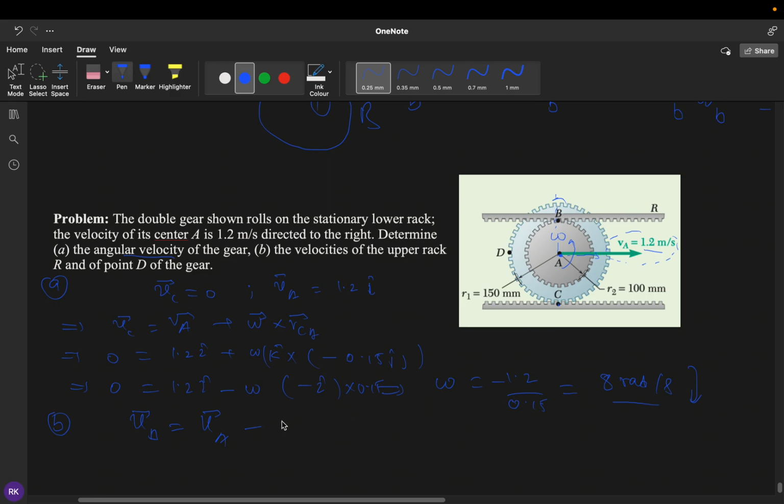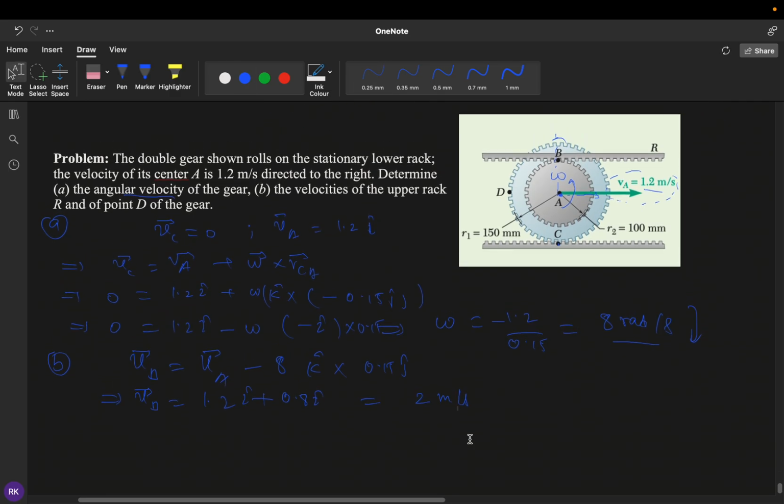So minus omega is 8 k cross the distance, which is now positive, because with respect to A this point is above, so that is 0.5 j. VA is already 1.2 i, and k cross j equals minus i, which becomes plus 0.8 i. Both are i cap, so you will get 2 meter per second. So this is the velocity of point B.